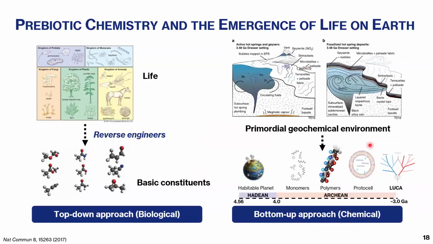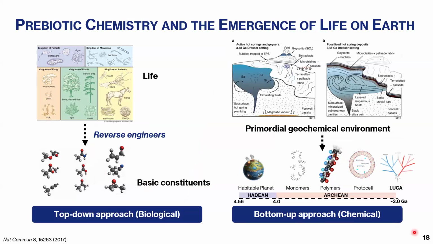Investigations into the origin of life can be either top-down, a biological approach, or bottom-up, a chemical approach. The top-down approach reverse engineers life into its most basic constituents to consider the potential materials and reaction outlets used by the first life forms.